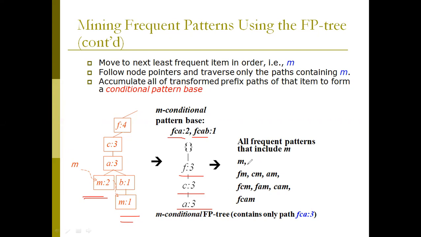So all frequent patterns that M includes are: the single item M; the 2-item sets FM, CM, AM; the 3-item sets FCM, FAM, CAM; and the 4-item set FCAM. These are the total frequent patterns for M.